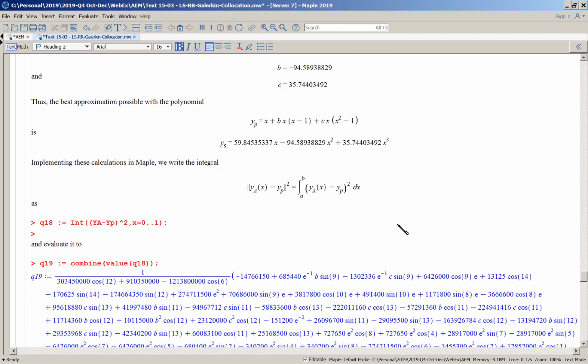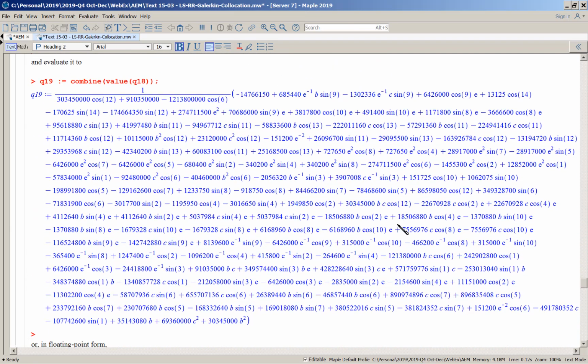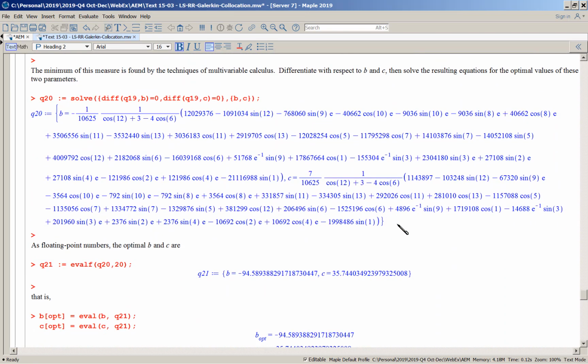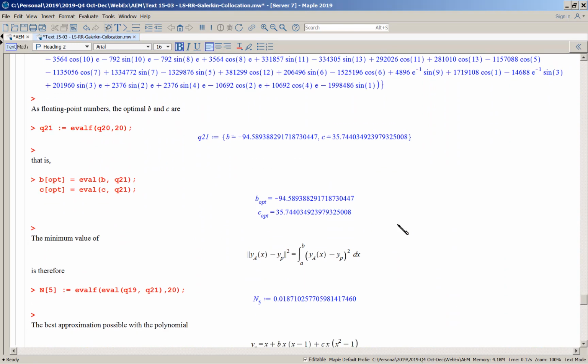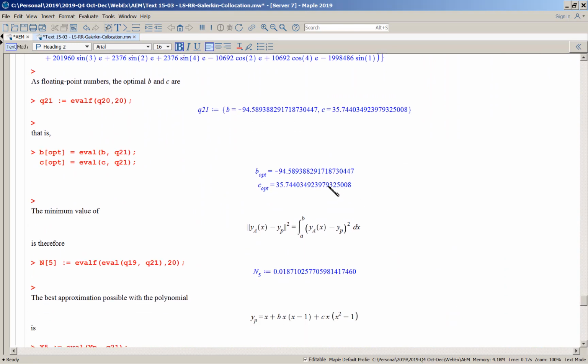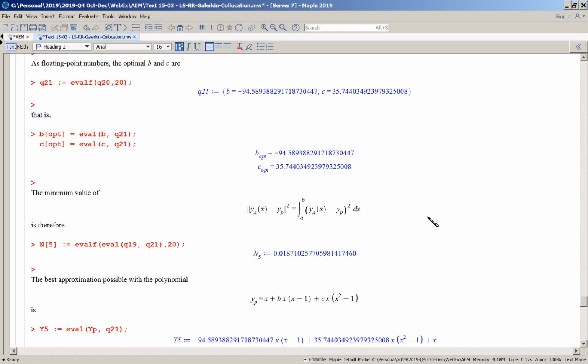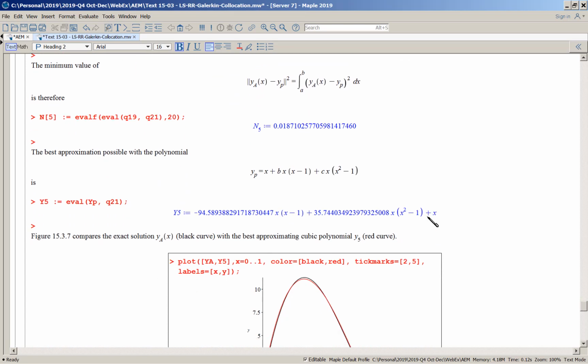So we implement these computations in Maple, and then what we're going to ask is, since we know what the best b and c could possibly be, can we work backwards from this best b and c to optimal collocation points? And that's what we do here.